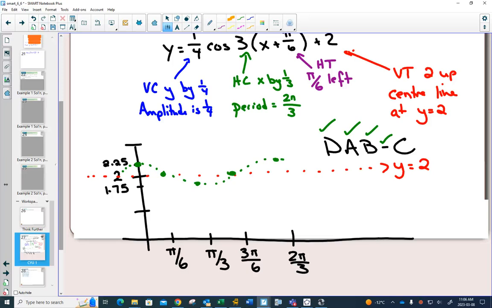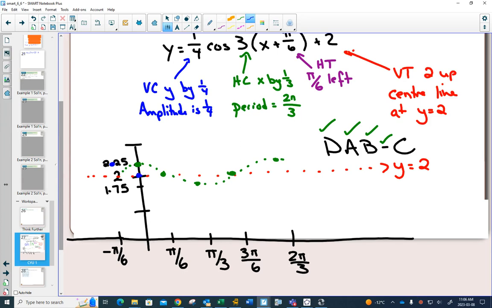In this case, we need to shift pi over 6 to the left. So we look at our scale. Pi over 6 is already on here. It's this distance, so along my axis in this direction, I'm going to go that same distance and label negative pi over 6. And if I'm shifting everything pi over 6 to the left, that's going to move everything 1 section to the left. So I'll take this top point and move it 1 section to the left.